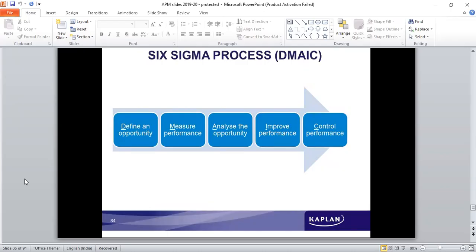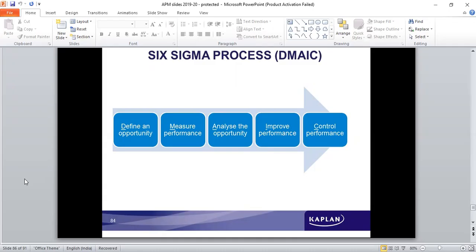D stands for define an opportunity. The opportunity is in terms of the area where they can work to improve themselves. Here, if quality has to be provided, they have to identify an opportunity to work in that area so the quality can be provided.